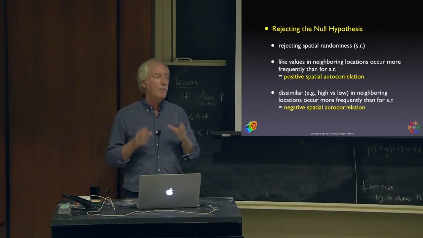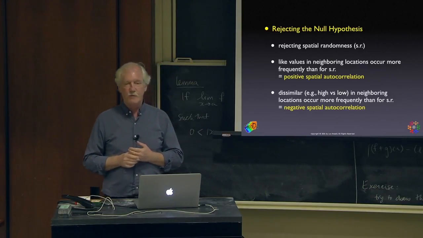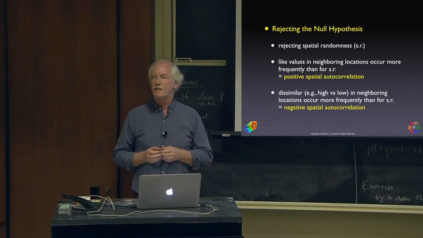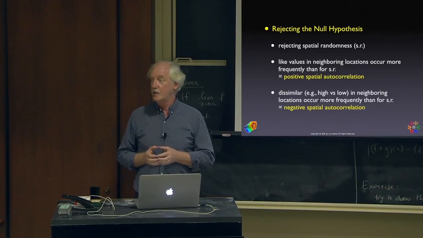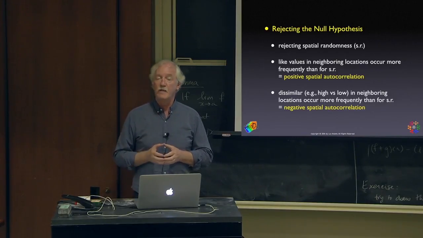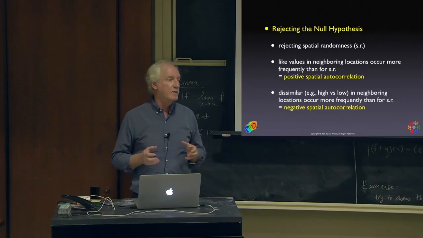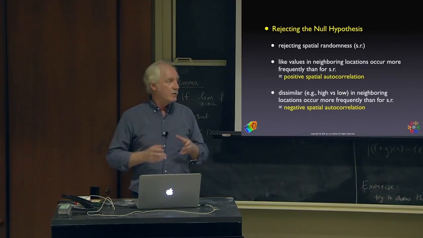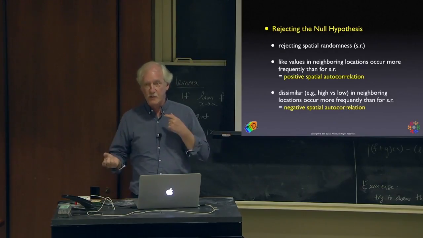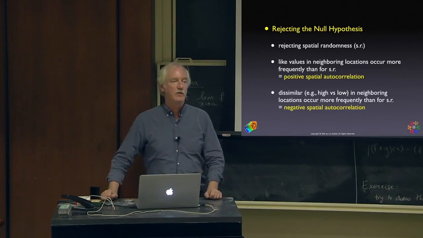It's, in a sense, the opposite of clustering. And one could argue that negative spatial autocorrelation really has more to do with heterogeneity, with variability, than it has to do with similarity or dependence. But it is the statistic with the opposite sign of positive spatial autocorrelation.